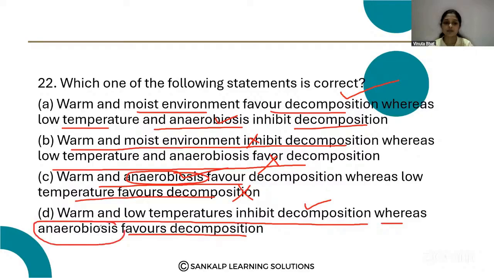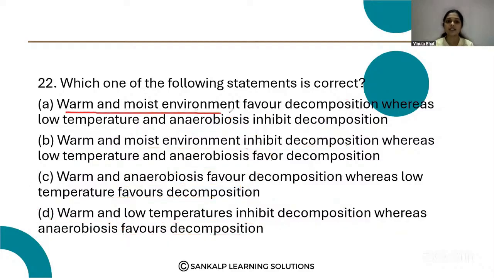Anaerobiosis means absence of oxygen, so that does not favor the decomposition. So option D is also wrong. For this question, option A, warm and moist environment favor the decomposition, whereas low temperature and anaerobiosis inhibit the decomposition. Yes, option A is the correct answer.